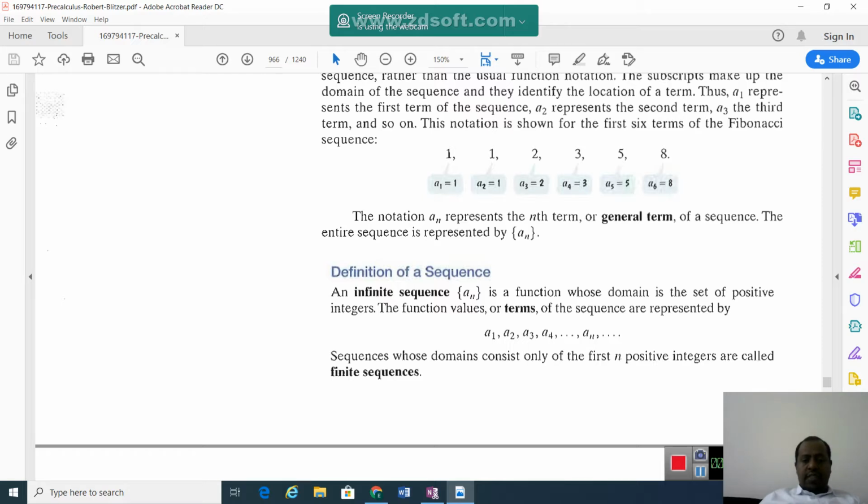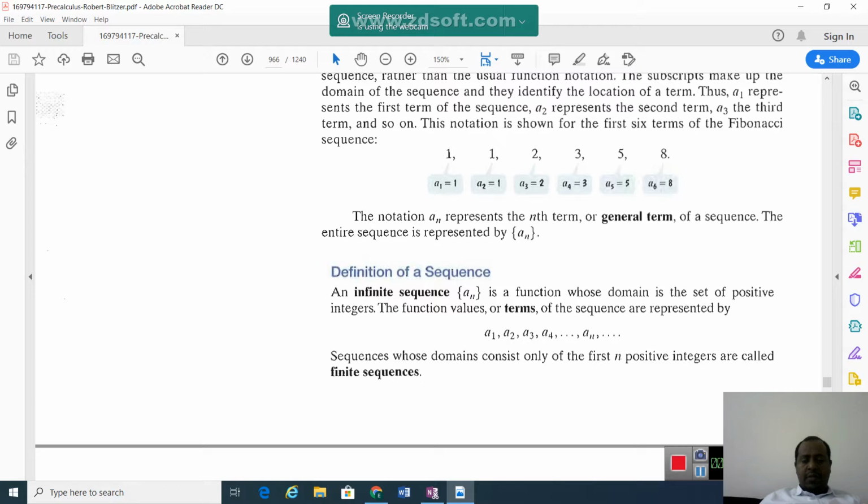So in an infinite sequence, you don't have a final term. Each term is represented by an index of a positive integer: a sub 1, a sub 2, a sub 3. So a sub 1 is the first term, this is the second term, and so forth.